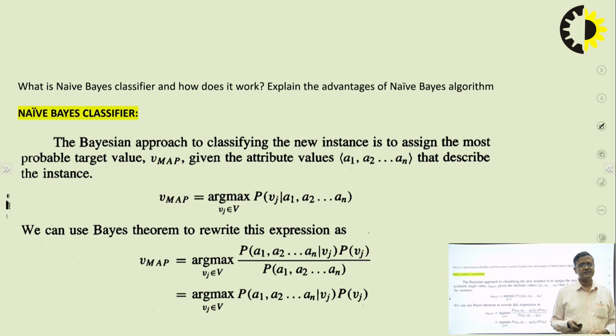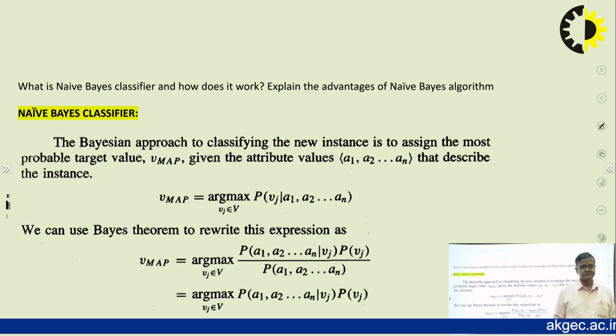So it becomes argmax over Vj element of V of the probability of the attributes given the Vj value into the probability of Vj. So now this is the Bayesian approach.